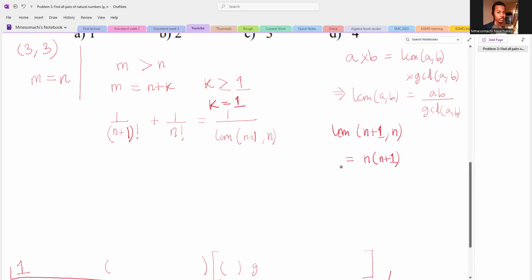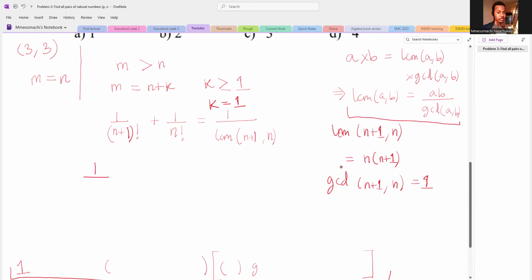Why is that? Because the GCD of n plus 1 and n is equal to 1. Since the GCD of these two numbers is 1, when we plug it into this identity we have here, it's just going to be the product.